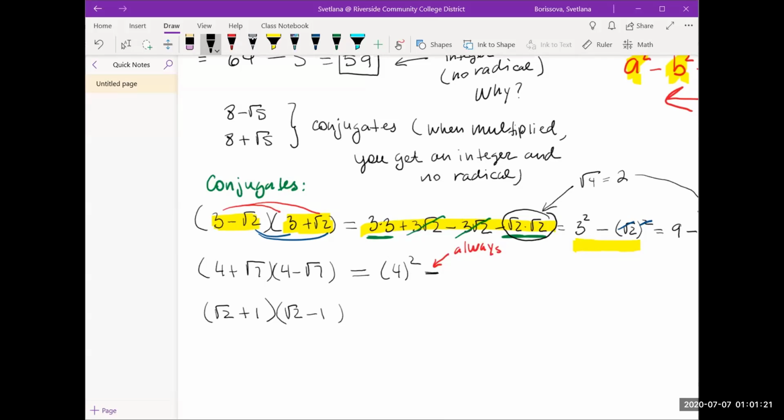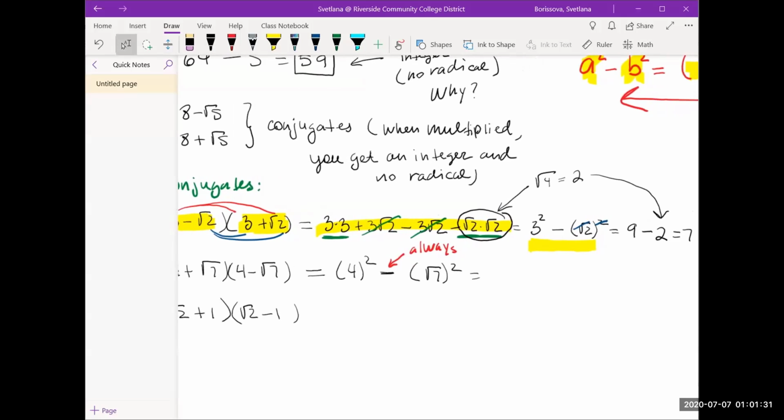Minus the second term, and the second term is square root of 7, and you square it. And after that, you get the answer pretty quickly, because we know that 4 squared is 16. And then minus, well, the square of the square root, they cancel each other out, and we're just left with 7. 16 minus 7. That is 9. So that's going to be the result.